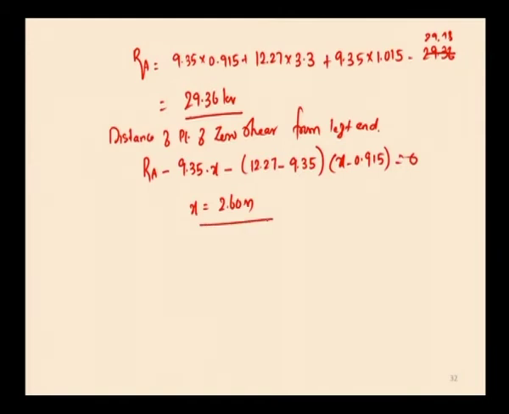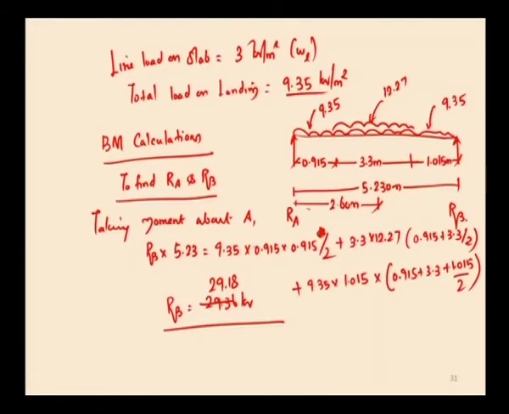Using x, I am going to find out the bending moment. So, the maximum bending moment occurs at a distance 2.60 meter from the left end. This is the point where the maximum bending moment occurs. Now, I am going to find out the maximum bending moment.